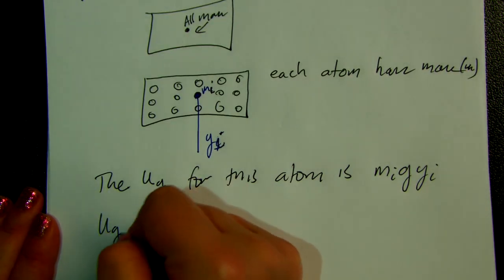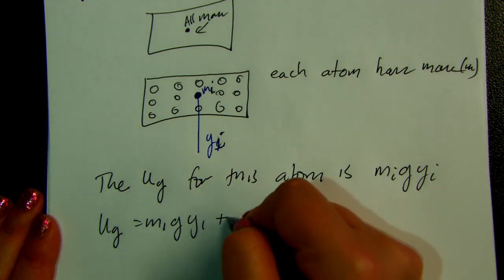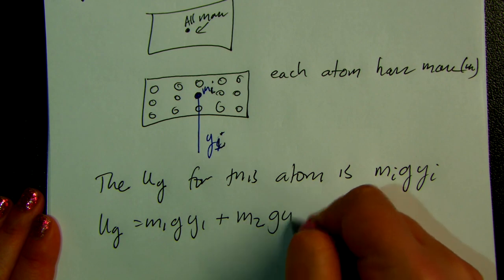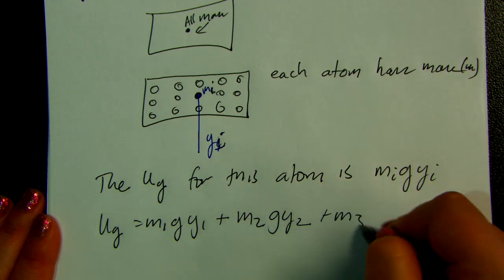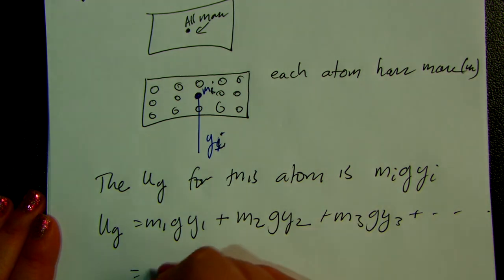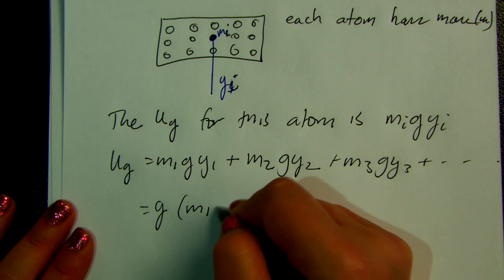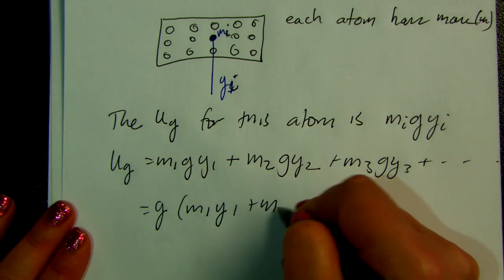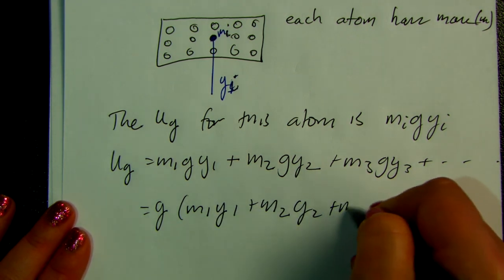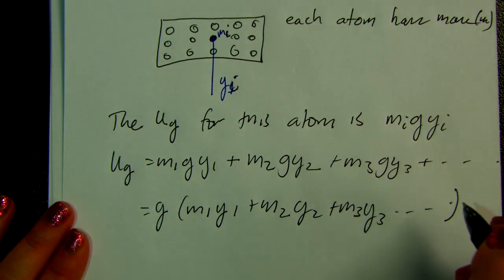and so UG is equal to m1 g y1 plus m2 g y2 plus m3 g y3, plus so on and so forth, which is equal to g. We can factor that out: m1 y1 plus m2 y2 plus m3 y3, so on and so forth.